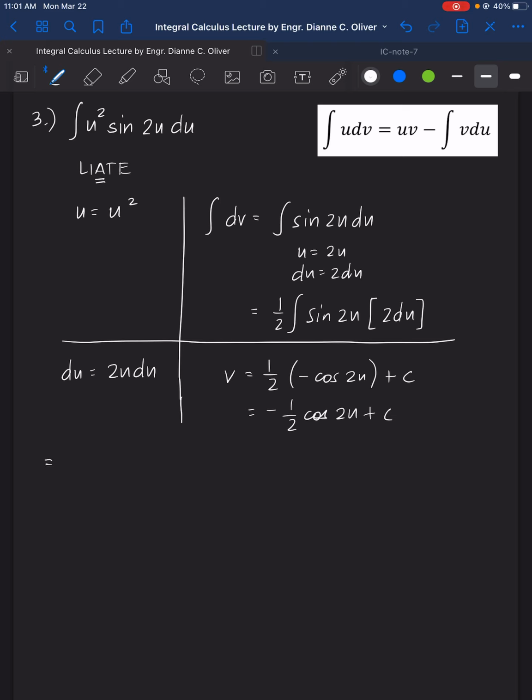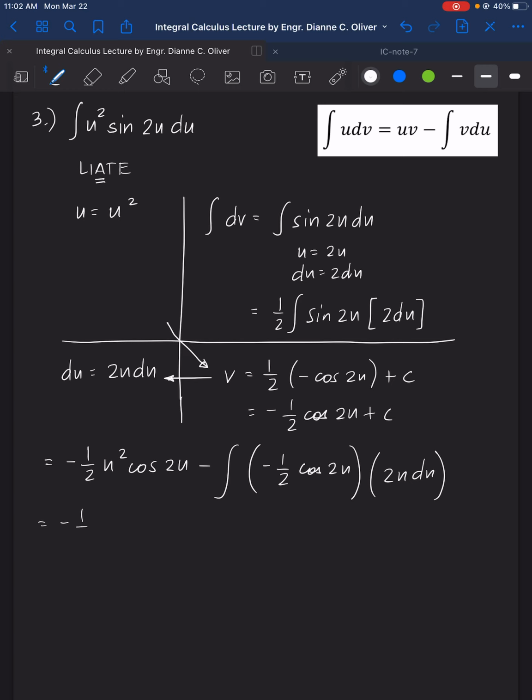Then, using the pattern again, we have u multiplied with v. So we have negative 1/2 u squared cosine 2u minus the integral of v du. So v multiplied with du: negative 1/2 cosine 2u multiplied with 2u du, equal to negative 1/2 u squared cosine 2u plus, so cancel out the 2 here.